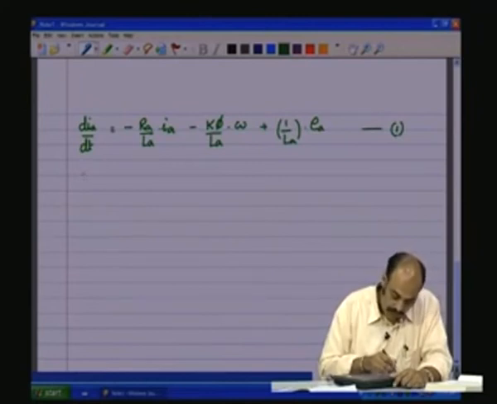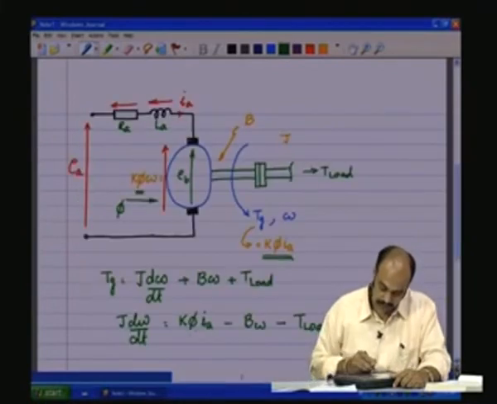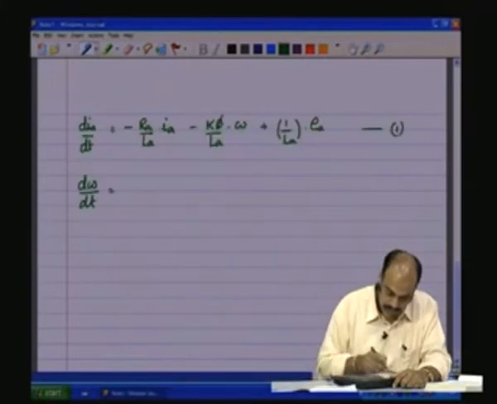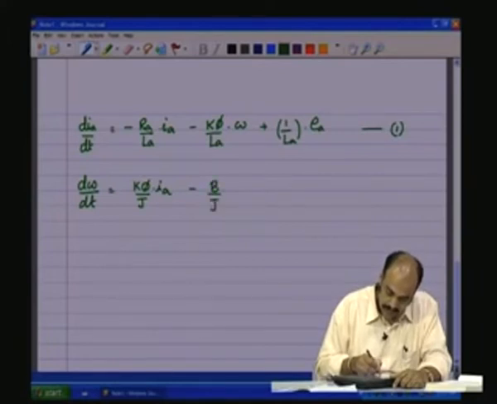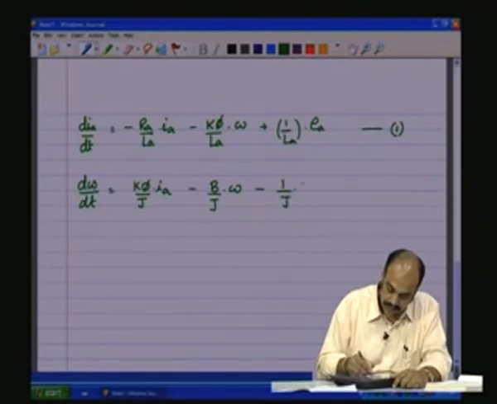Then we have d omega by dt, which is the mechanical equation. So, we have for the state variable I A: K phi by J into I A minus B by J into omega minus 1 by J into T load.